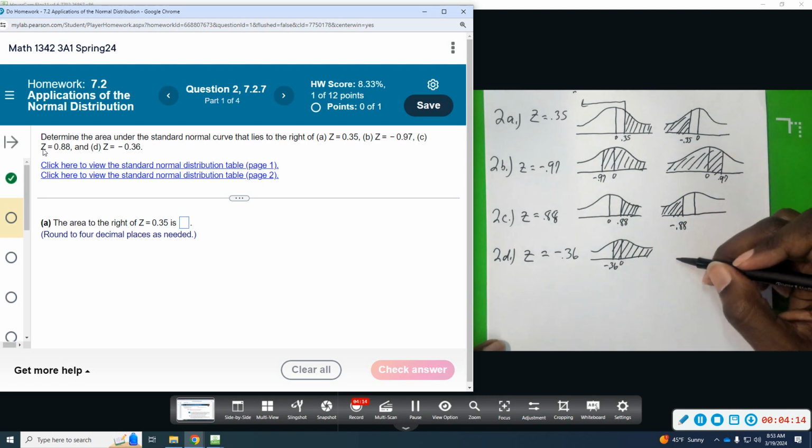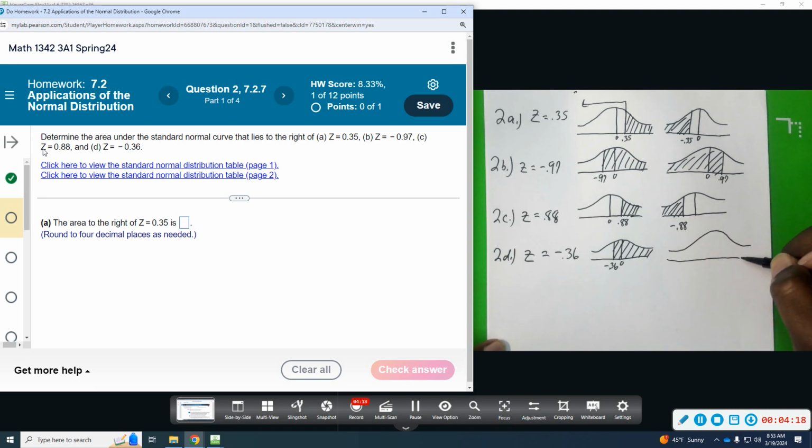So 1 minus that, or we can look up the positive 0.36, and the area to the left is what we get from the table, and it will give me the same thing. Okay, so let's look up these numbers in the table, and then I will show you with technology, and we will alternate the answers just to show you it takes both.